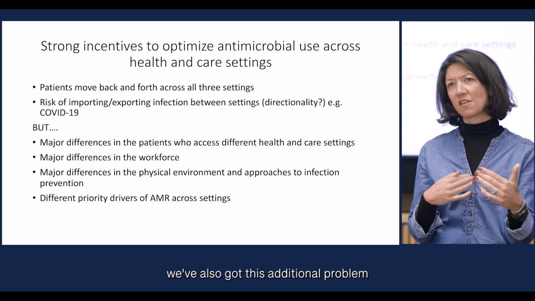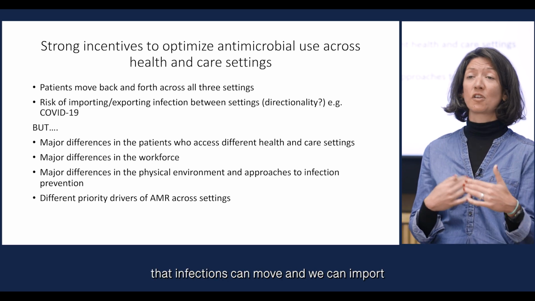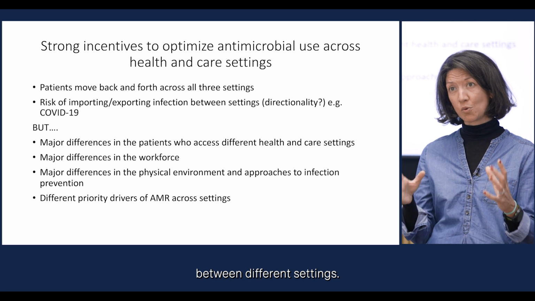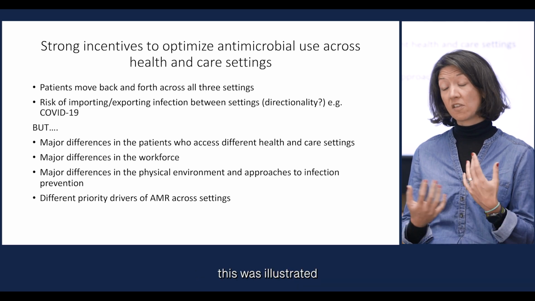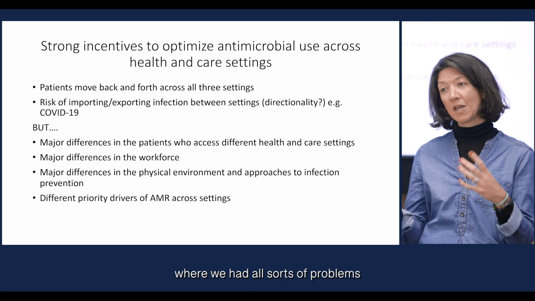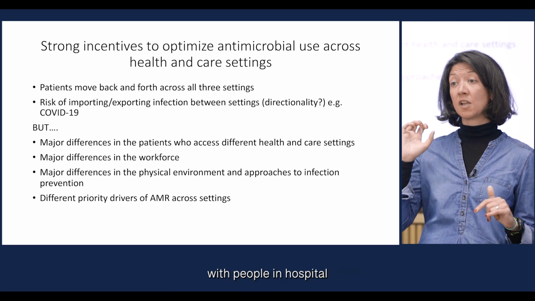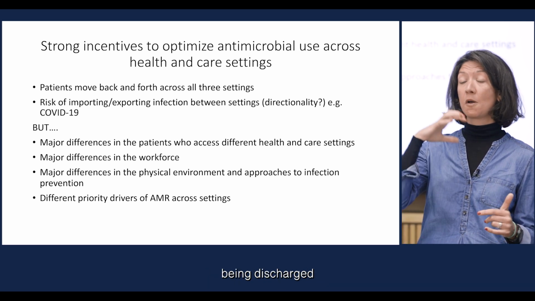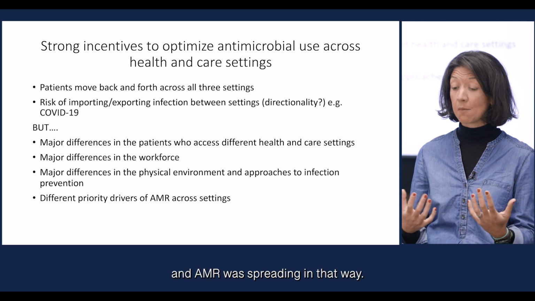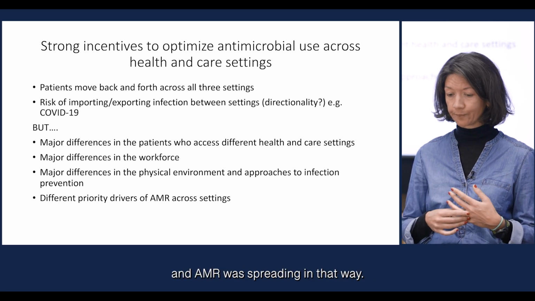So we've also got this additional problem that infections can move, and we can import and export infections between different settings. This was illustrated really well by the COVID-19 pandemic, where we had all sorts of problems with people in hospital being discharged back into care homes, and the risk that infections and AMR were spreading in that way.